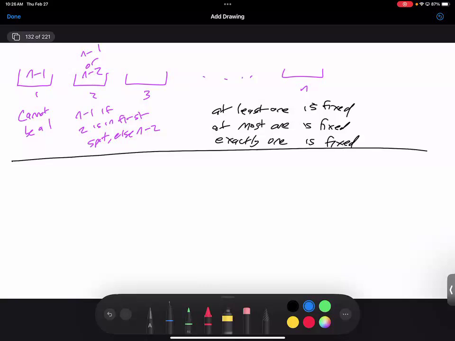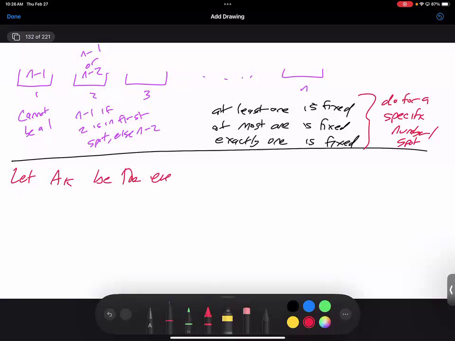So we need to modify. Do it for a specific number or spot. So let A_k be the event k is fixed. And we don't care about anything else.